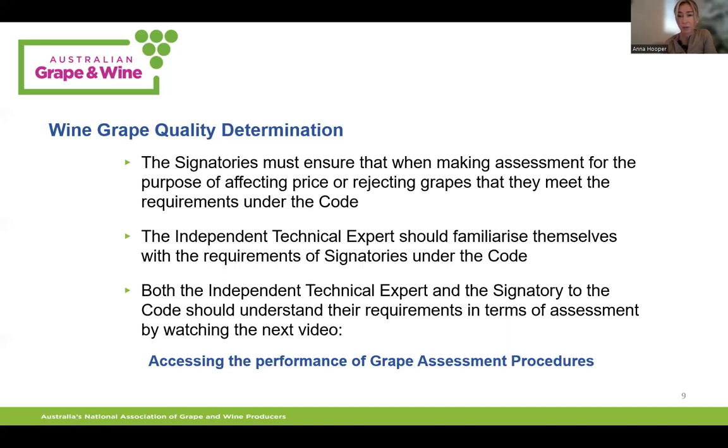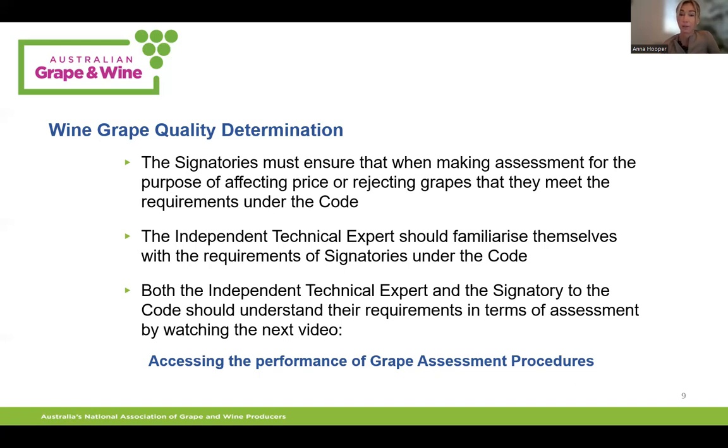So this person will assess whether the analytical processes for determining maturity, specifications, purity, and also condition standards have been met. They may be engaged also to undertake an objective technical assessment at the vineyard prior to harvest or at the winery, and they may need to make use of evidence that has been retained as required under the code.